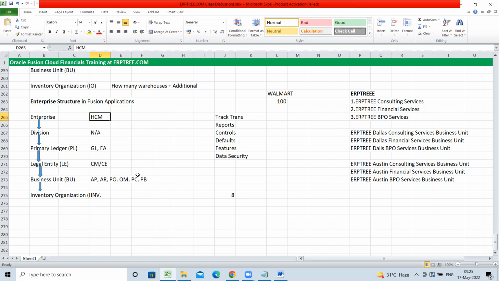If you implement PPM, project management, project-related costs should go from project costing to FA so that you can capitalize and create the asset. If we are implementing PPM, the project billing information should go to the AR application to bill the customer. These are very standard processes.